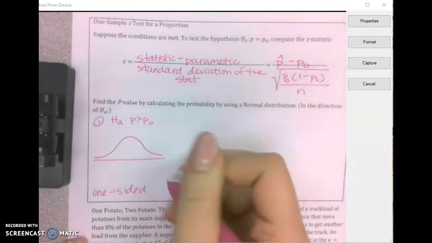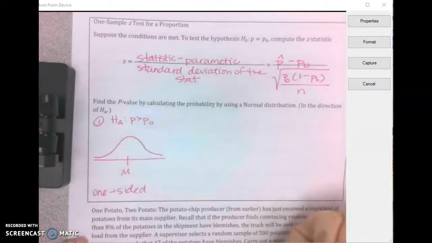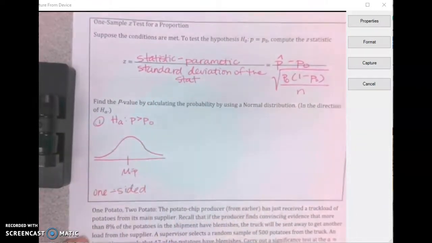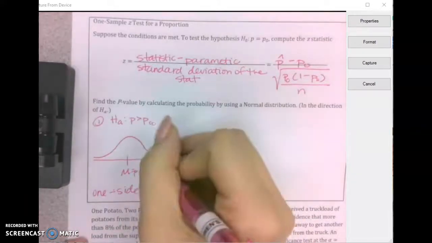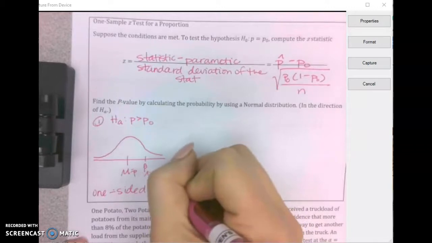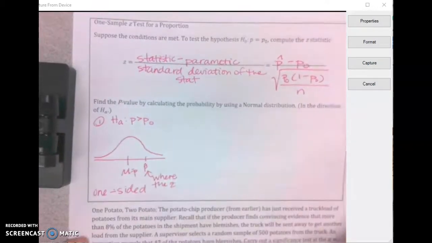We don't have to multiply. But I want you to get into the habit of labeling your mu, which is equal to P. And then you also need to label where your P hat falls, but you do that where the z-score tells you to.